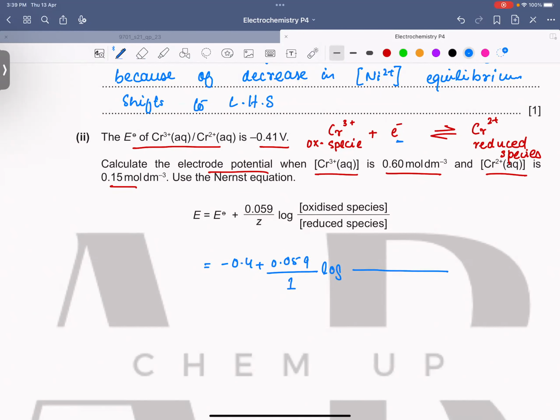Oxidized species is Cr3 positive, its value is 0.60 divided by... yes, you can solve it and find the half cell electrode potential.